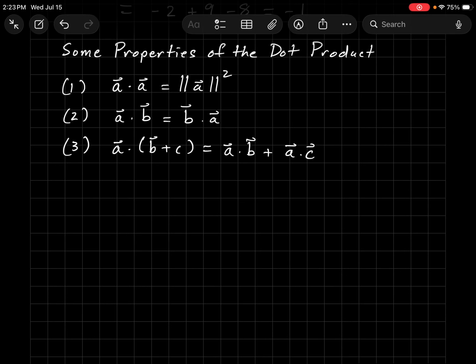And I want to get you used to some proofs. So let's prove number one. And again, I'm going to prove these things in three-dimensional space, but it's very easily extendable to n-dimensional space. But let's let A equal the vector A1, A2, A3.